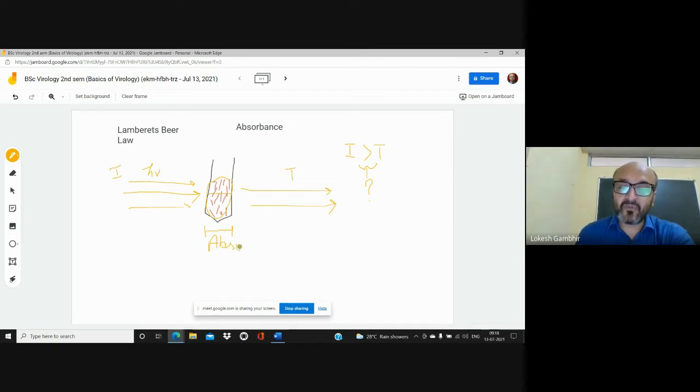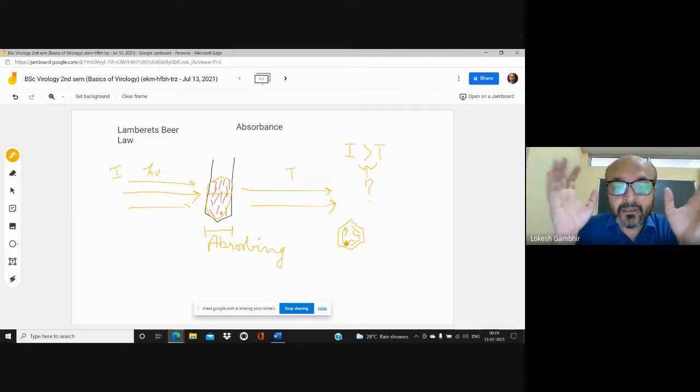Now, why is absorption occurring? It's very simple. Let's talk about the simplest compound. Everybody is familiar with this. This is benzene. It's an aromatic ring. And then we have conjugation in this very ring. So there is an electronic cloud which is going for conjugation.